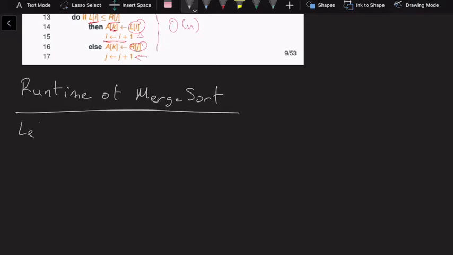We're going to let T sub n be the runtime of MergeSort. And we don't know what that is yet. We don't know what that is, but we're just going to say it's T sub n.